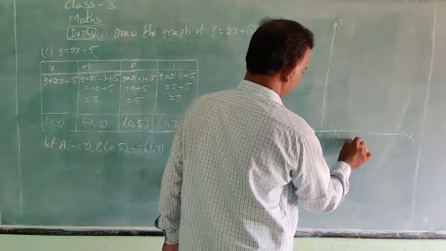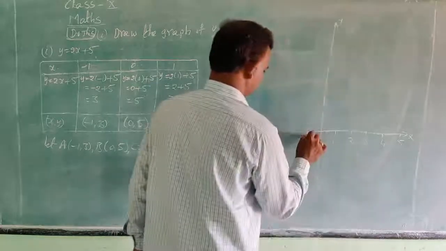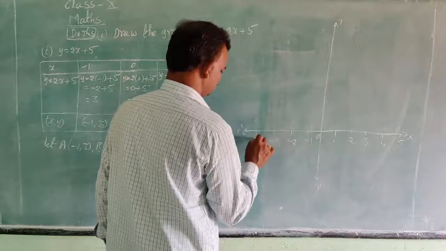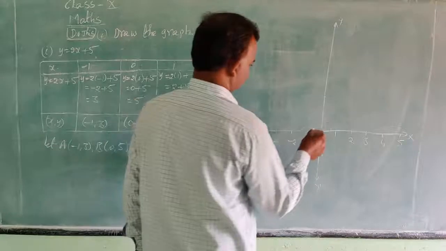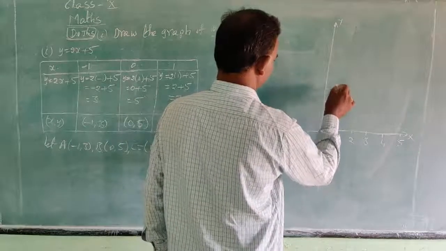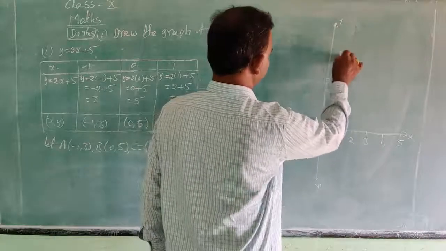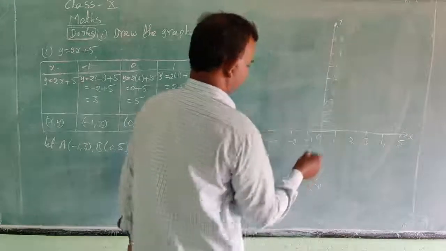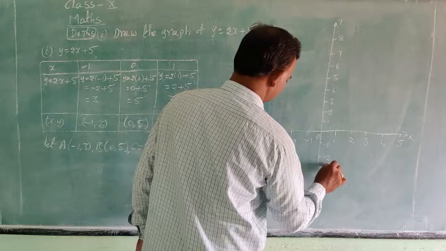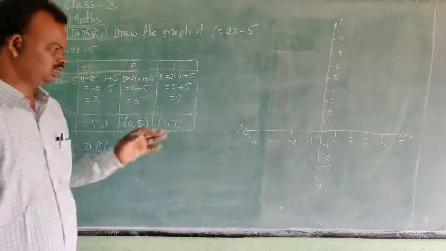Mark 0, 1, 2, 3, 4, 5, then minus 1, minus 2, minus 3, minus 4 on the x-axis, and 1, 2, 3, 4, 5, 6, 7, 8, and minus 1, minus 2, minus 3 on the y-axis. Plot these points on the graph sheet.